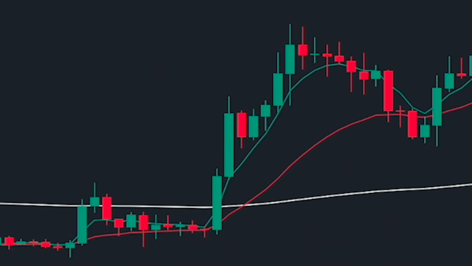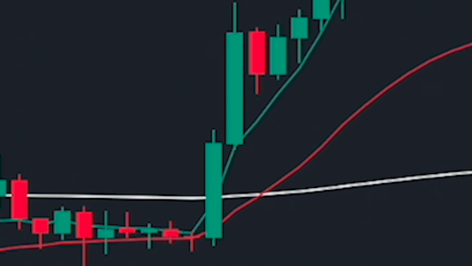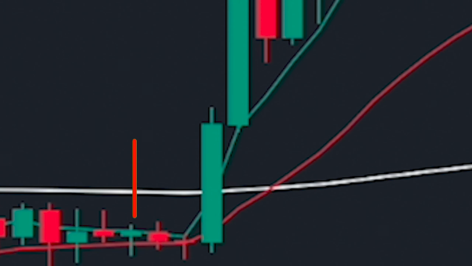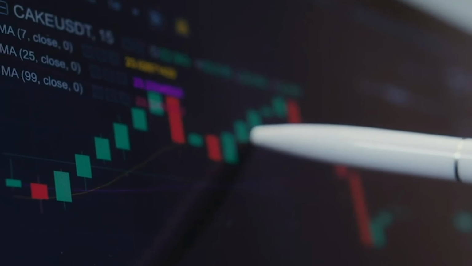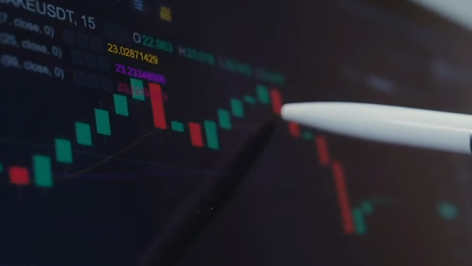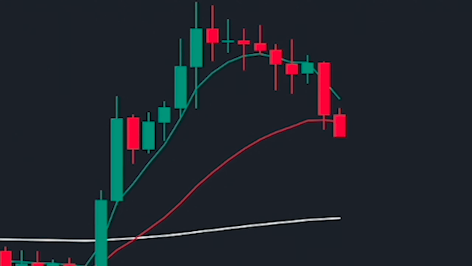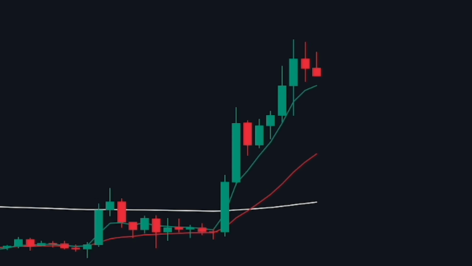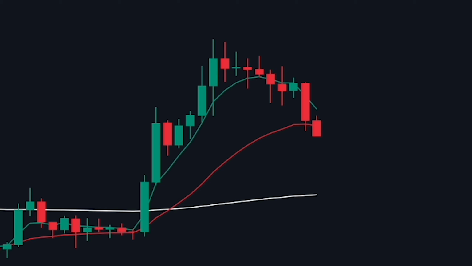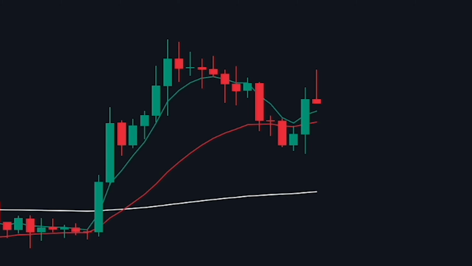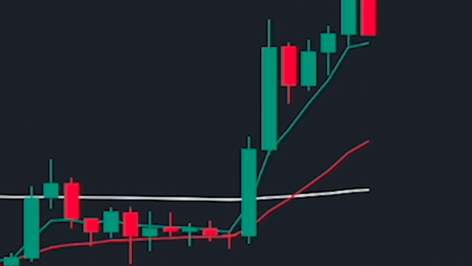As we can see here, the first criterion in this strategy is that the candles have to reach the 200 moving average from bottom to top, and once this criterion is reached, we will begin looking for entry-level positions. Sometimes we witness a fake breakout or short-term movement, which we will discuss later in the video, so make sure to watch to the end. But let us look at the other requirements.